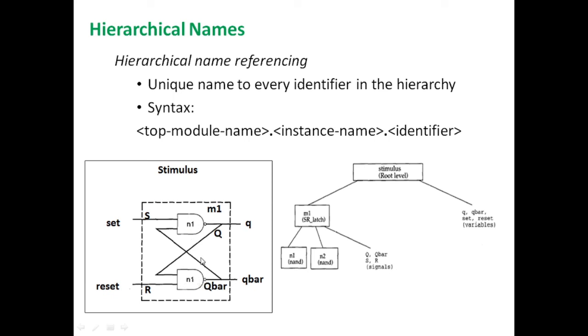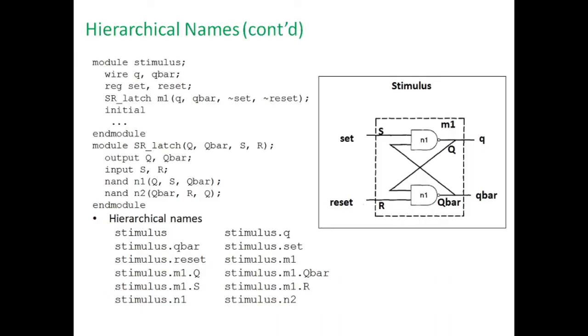During instantiation, Q and Q bar, S and R are the port signals, so Q and Q bar here are considered port signals in instance M1. How do I refer to each and every identifier? Here is my top level block, module stimulus.